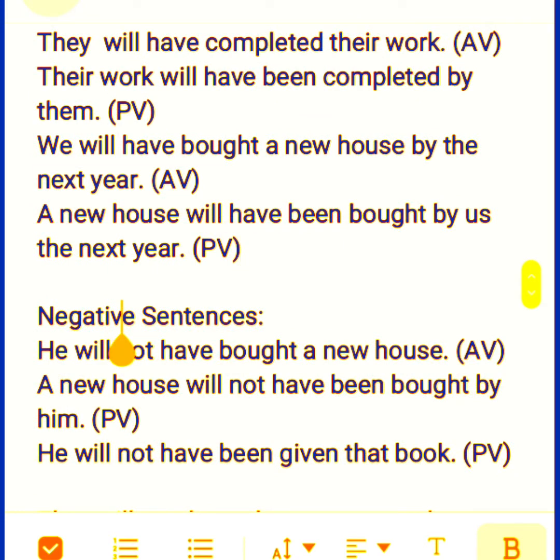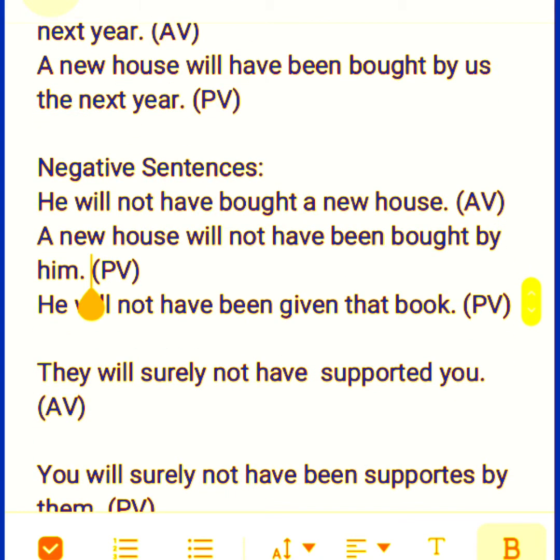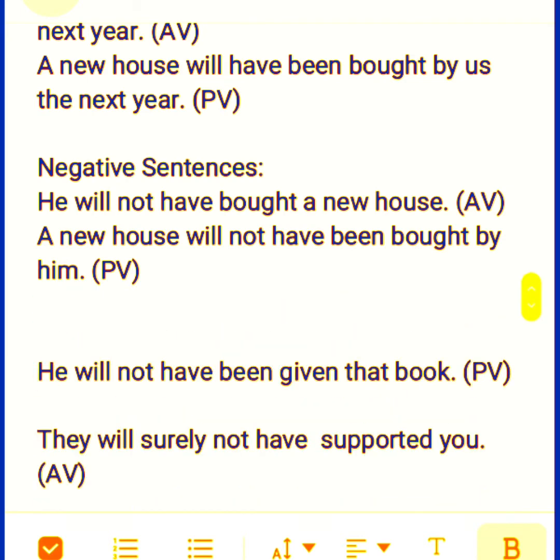Negative sentences. He will not have bought a new house. A new house is the object here. A new house will not have been bought by him. Passive voice. He will not have been given that book. Now see. We will not give him that book.